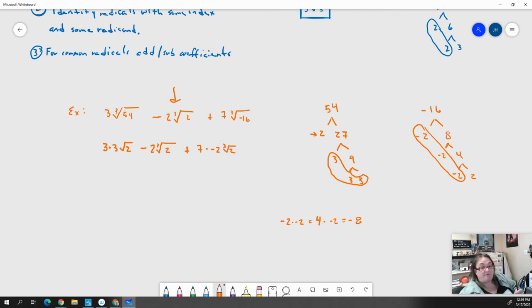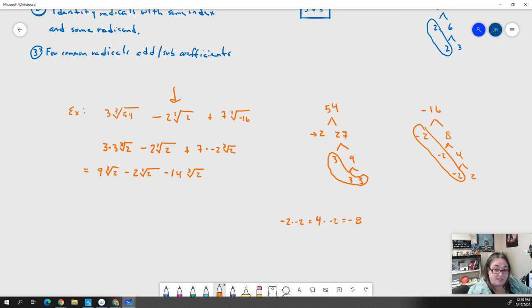And so now we have all of these matching radicals, right? We have cube root of 2, cube root of 2, cube root of 2. And so this would be 3 times 3. That's 9 times the cube root of 2 minus 2 times the cube root of 2 plus, oops, sorry, not plus. 7 times negative 2 is negative 14 times the cube root of 2.